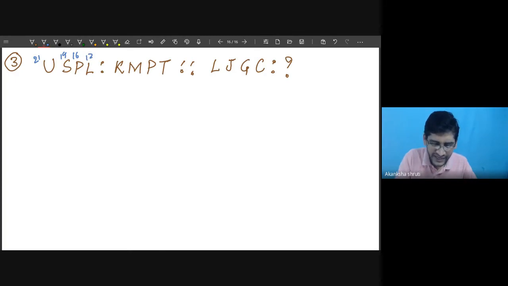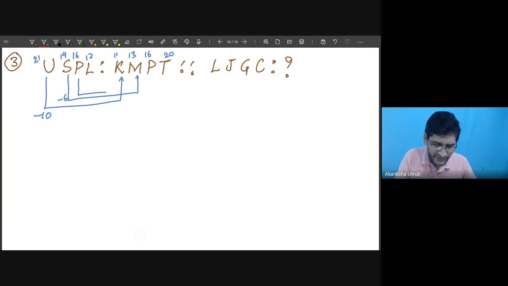For K 11, M 13, P 16, T is 20. Then observe the change. 21 to 11 means minus 10. S to M, 19 to 13, it is minus 6.